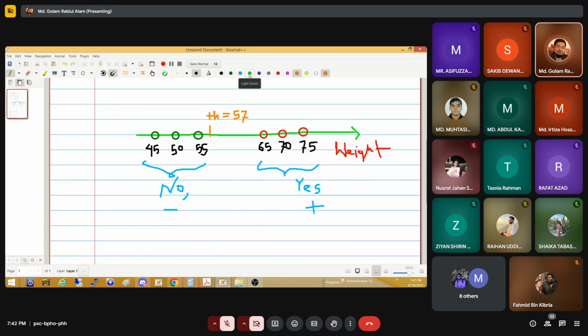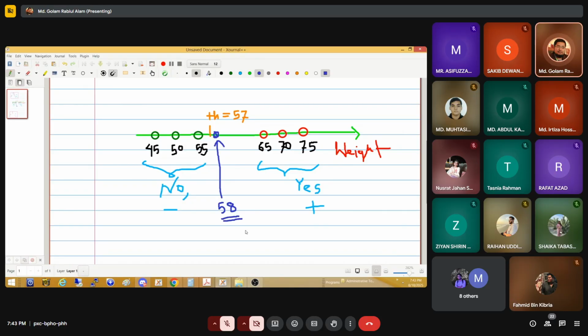Now consider a test case. Maybe the test case is here, one of the subjects, and the weight of this subject is 58.